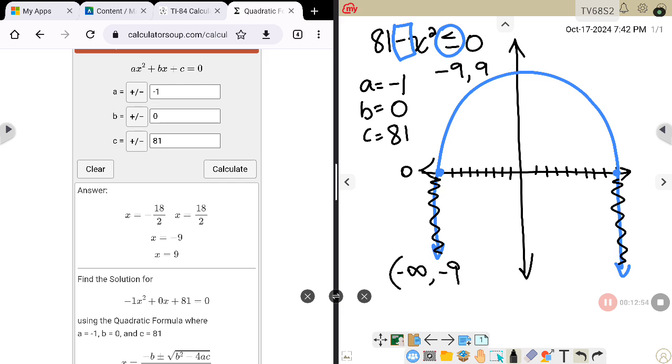Since this problem does have that equal to bar, that negative 9 gets a bracket in union with my next interval starts at positive 9, and it gets a bracket. It's a bracket until it gets to positive infinity.